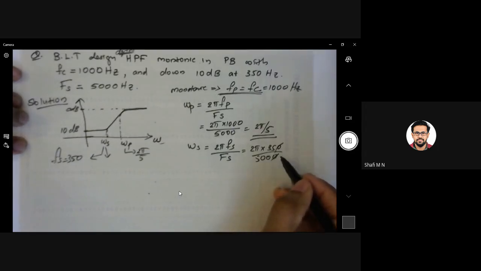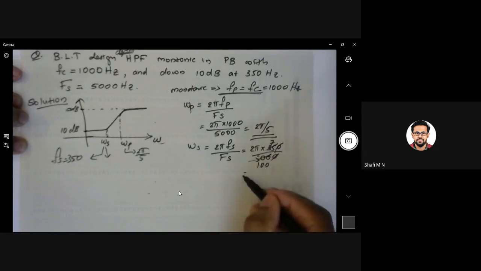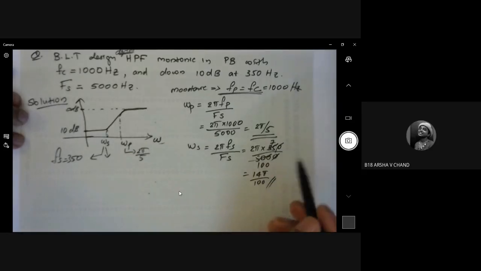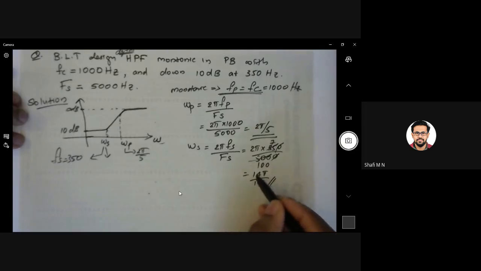This is divided by 5000. 2 into 350 is 700, so 14 pi by 100. The value comes like this. So that will be 0.14. 7 into 5 is 35, 100 into 5 is 500. Check whether it is correct. Yes, sir, correct. So just multiply with pi.